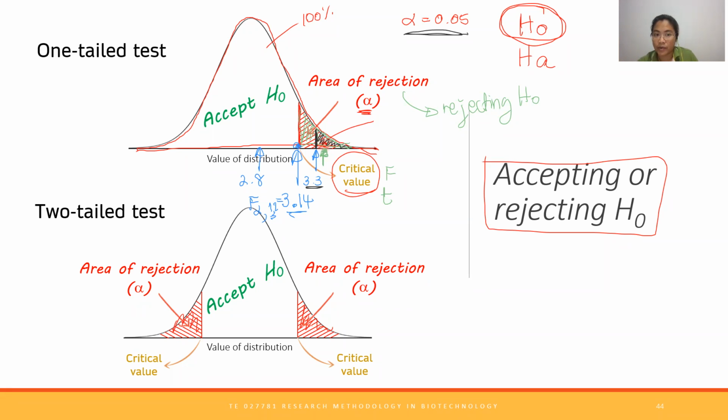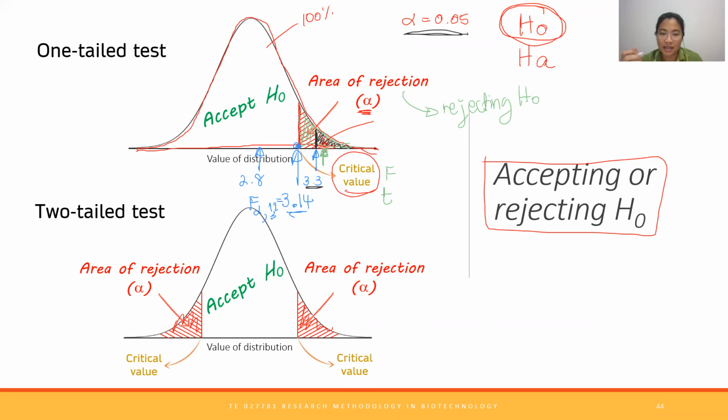So with that area, you can say that you reject H0 and accept H1, and what H1 says could be correct at the 95% confidence level. That's how it goes.